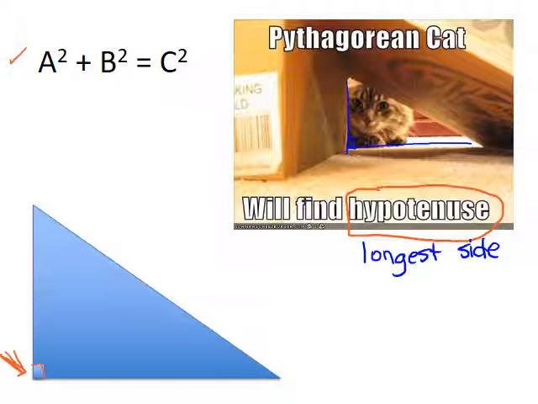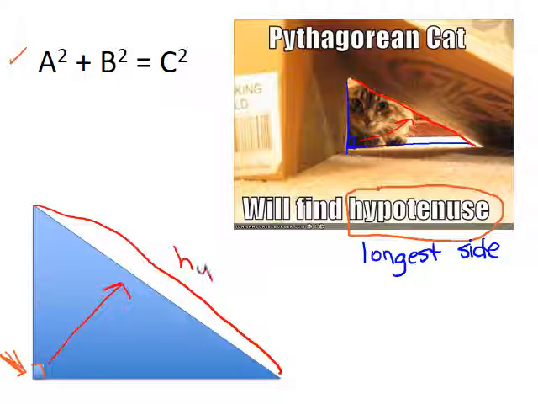And the longest side is always directly across from your 90-degree angle. So look at the side that's directly across. It is the longest side. Nice straight line. Ooh, look at me go. And so therefore it is called the hypotenuse.